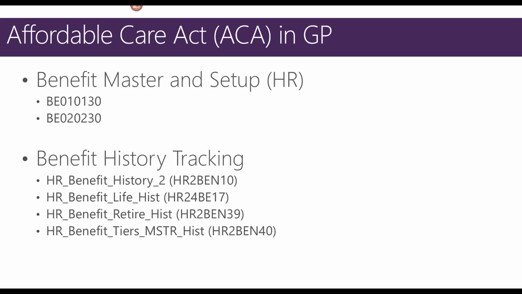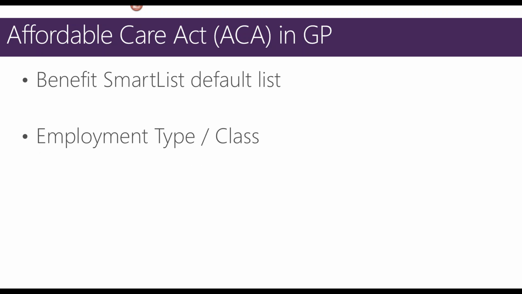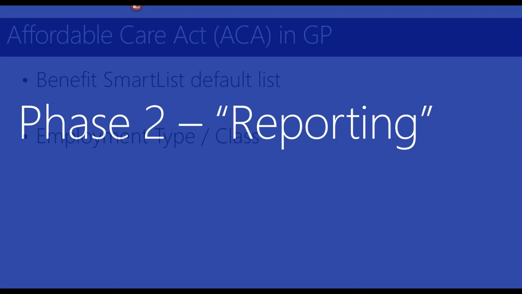And then these are the tables that were set up in HR for the people that like this technical information. These are the benefit and the HR benefit tracking information. They also added a benefit smart list, default list, and they recommend, they being Microsoft, to use the employee type or class if you want to distinguish between full and part-time employees.